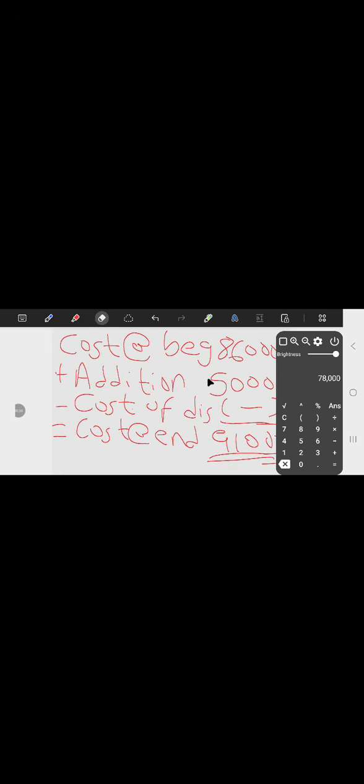Let me give you another principle again. Remember I gave you the principle of cost. Now I want to give you the principle of accumulated depreciation at the end. This is how it goes.